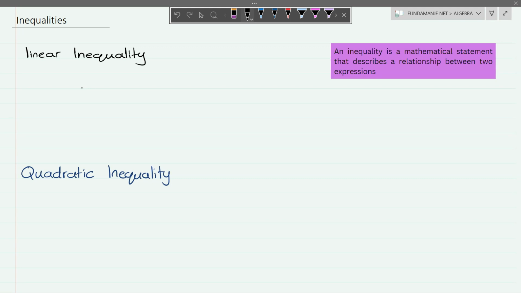But what is the major difference between inequalities and equations? Well, an inequality is a mathematical statement that describes the relationship between two expressions, whereas an equation is a mathematical statement that equates two expressions together.